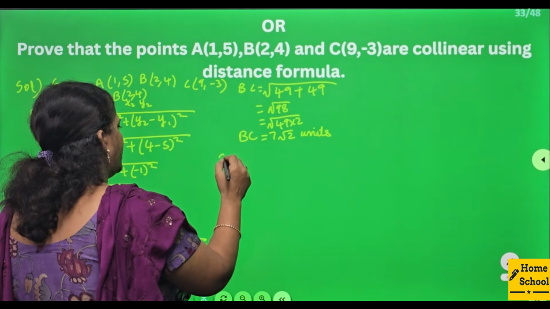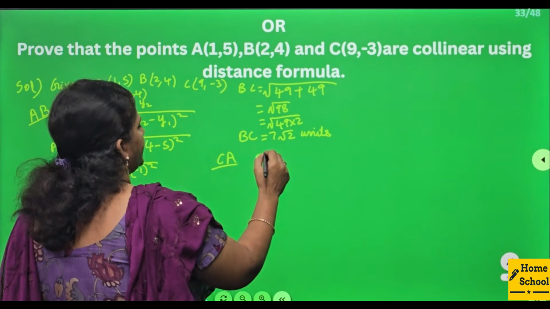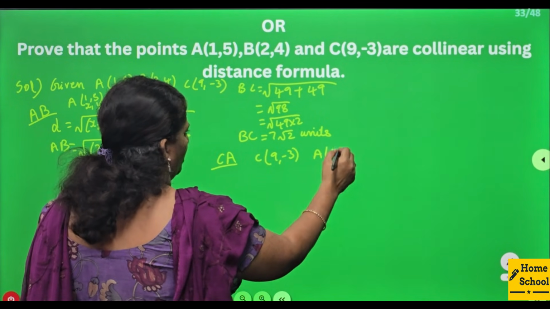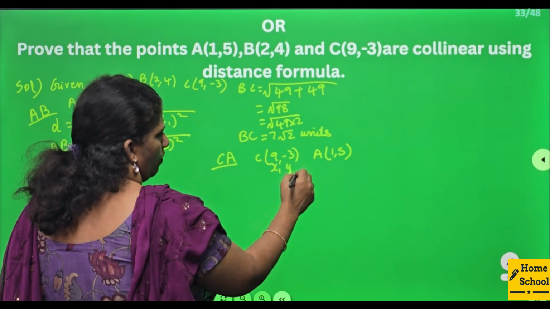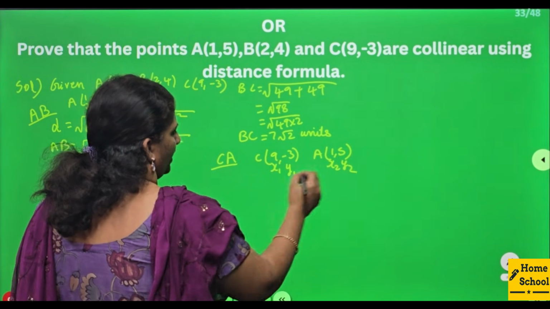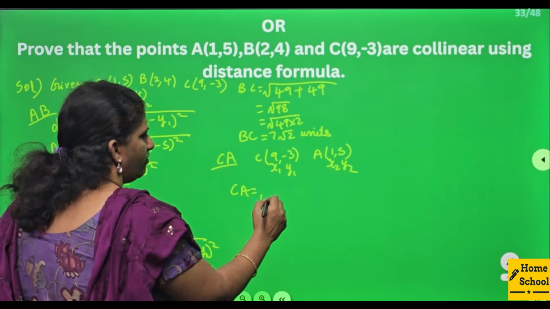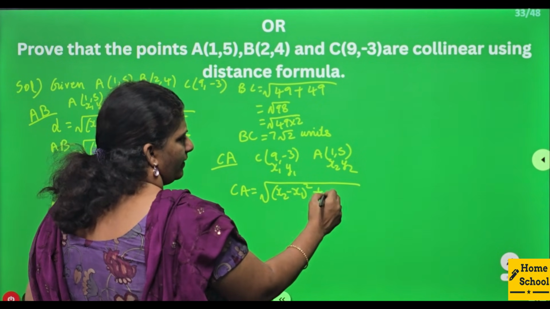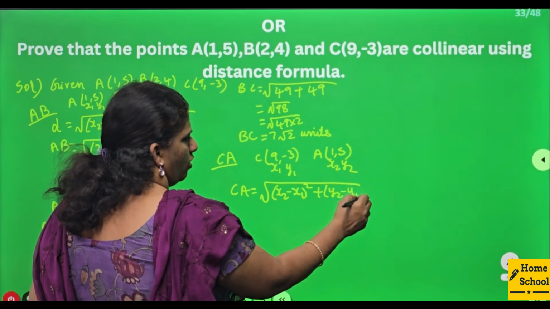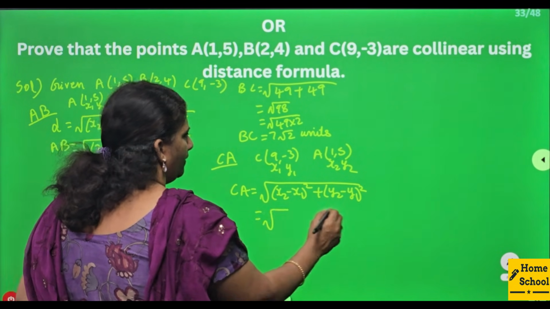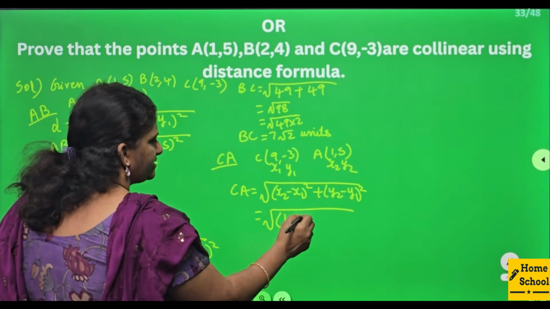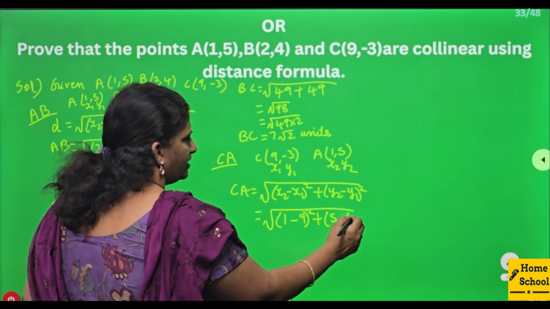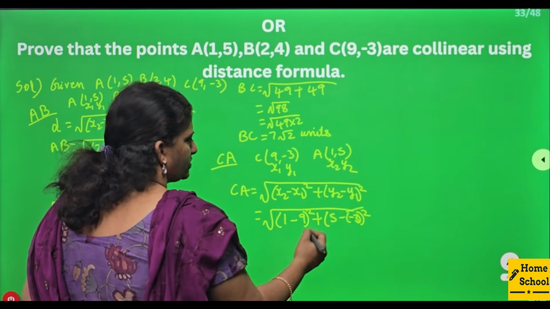Now go with the next one, CA. C coordinate is (9, -3). A coordinate is (1, 5). x1, y1, x2, y2. CA distance formula is (x2 minus x1) whole square plus (y2 minus y1) whole square. Substitute here: 1 minus 9 whole square plus y2, 5 minus of minus 3 whole square.